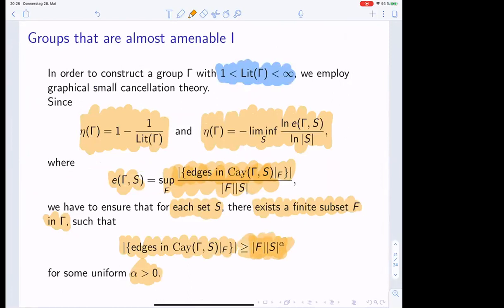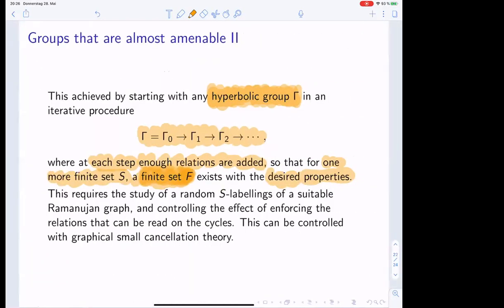There are still many edges that are not leaving F. So the edges inside the induced subgraph are still many in this weak sense, for some uniform alpha. Of course, the problem really arises in making everything uniform in alpha, so how do we do that?